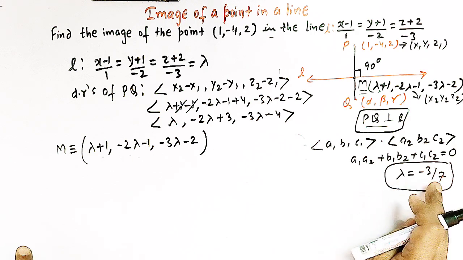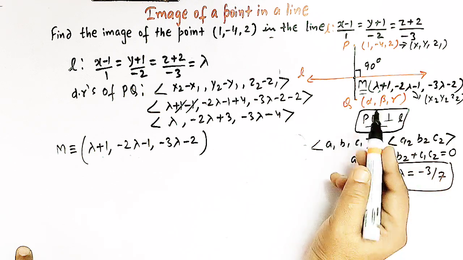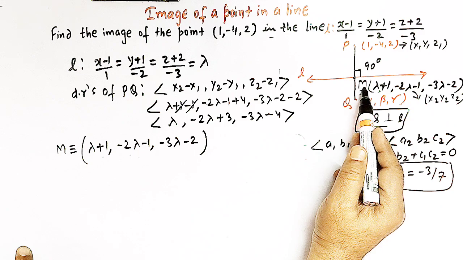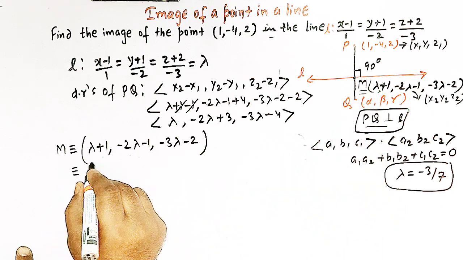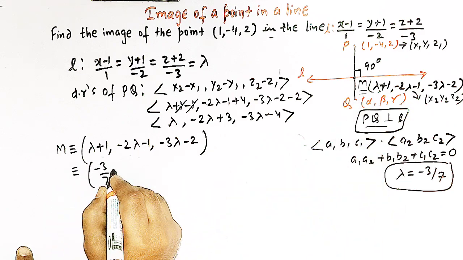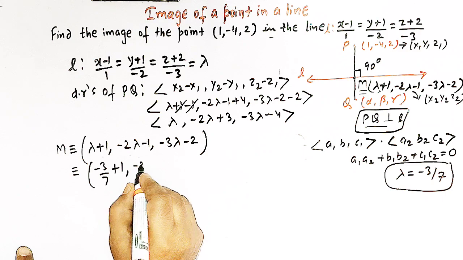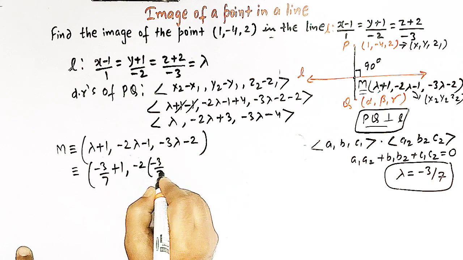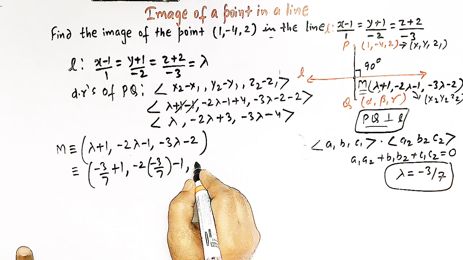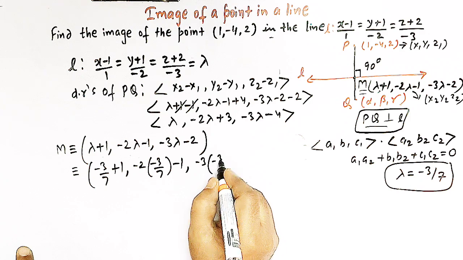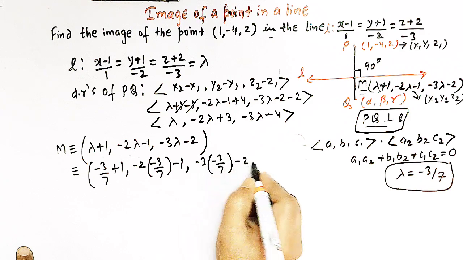So taking lambda equal to minus 3 over 7 in the coordinates of this point M, we have here minus 3 over 7 plus 1. Then we have minus 2 times minus 3 over 7 minus 1, and minus 3 times minus 3 over 7 minus 2.